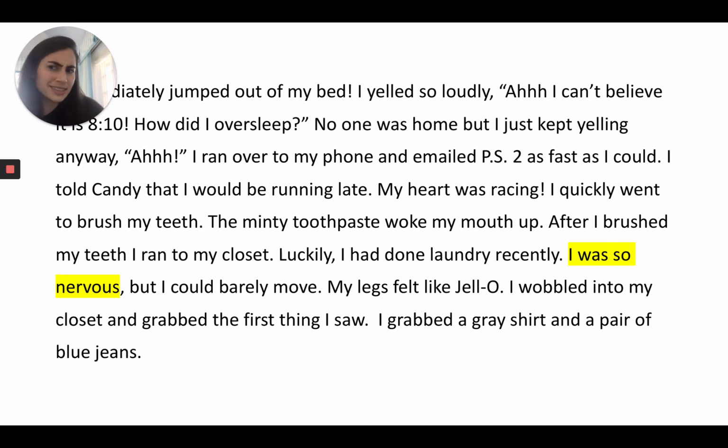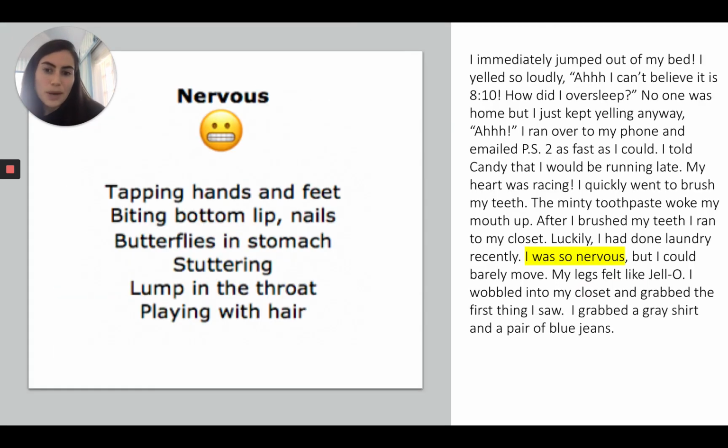I actually did a good job describing this, but I can do even better. I'm nervous because I'm going to miss this meeting with the principal. So instead of just saying that I was so nervous, we can look back at this emoji chart, which I'll post for you, and find a more interesting way to say that. So we could say, I had so many butterflies in my stomach and I could barely move.